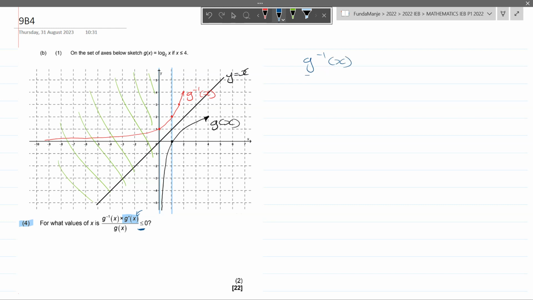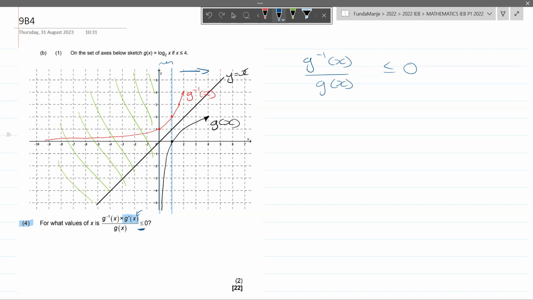So if it's doing nothing, then we can reduce our considerations to the inverse of g over g itself, where this is less than or equal to 0. The only other regions to consider are in between here and then further on. If we start with further on, for all of these x values from 1 onwards, g is positive and returning positive y values.